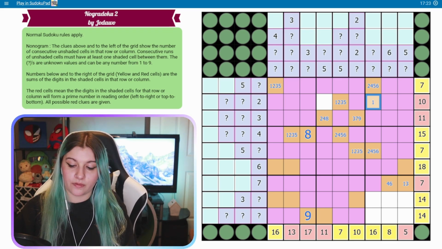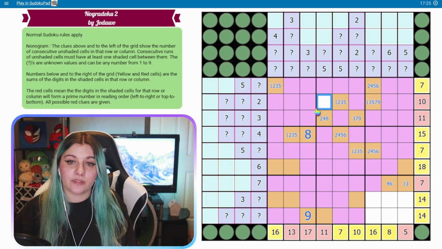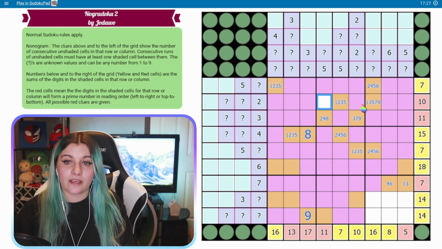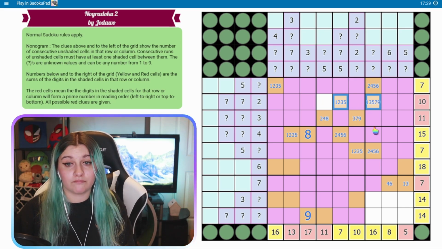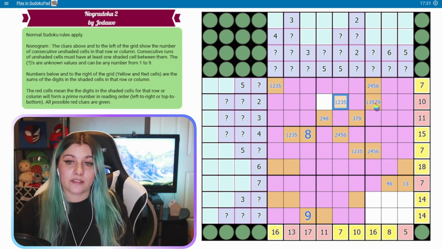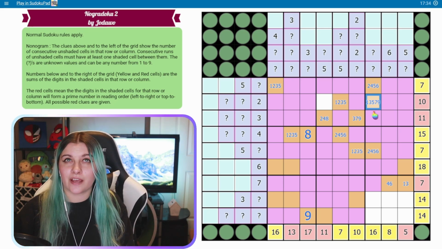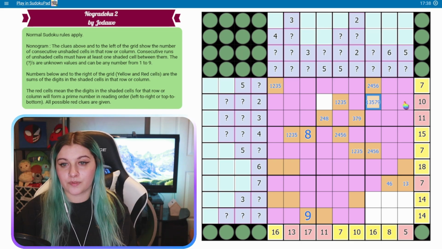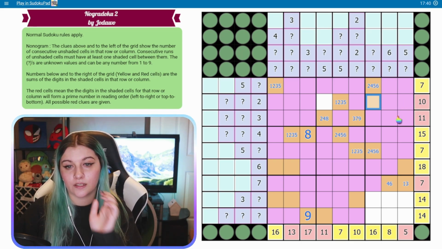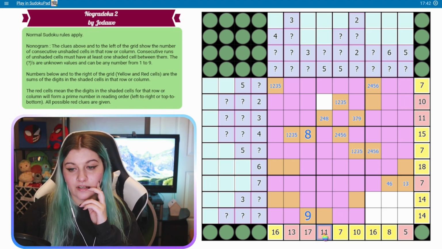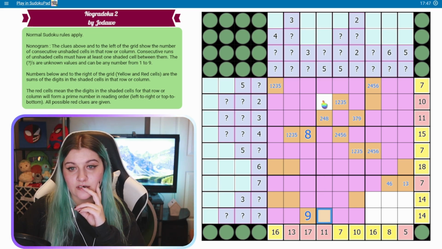This would be a 1, 3, 5, 7, 9. I don't know what this is yet. This could be pink, and then this could be 19, or 37? Ooh, lots of options. Maybe I don't want to do that. This needs to be an odd number. Whatever this is.